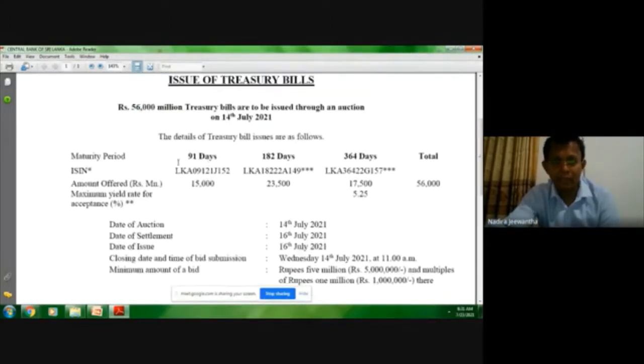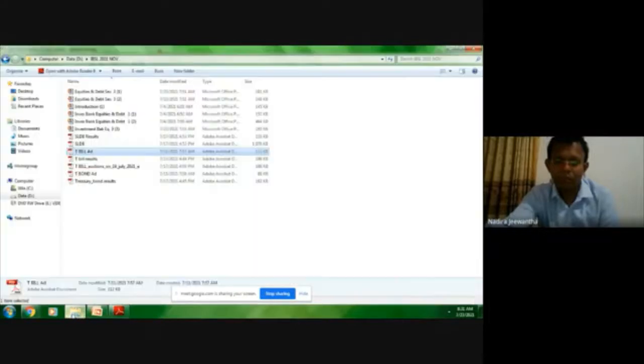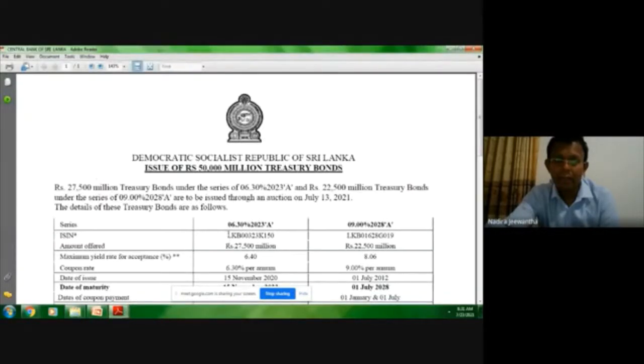Understand, the examiner has not tested this International Security Identification Number. When you're doing a question, I'll explain what this means. Now LKA means treasury bill, as I have told you. If it is treasury bonds, you have LKB.